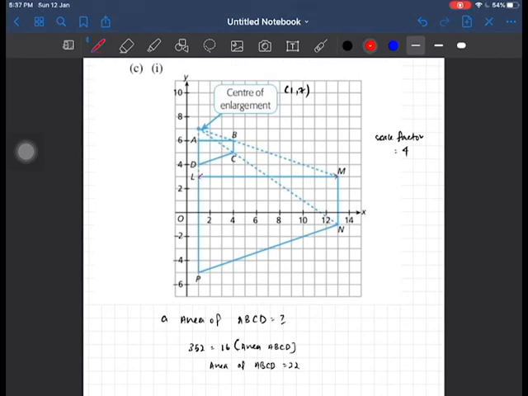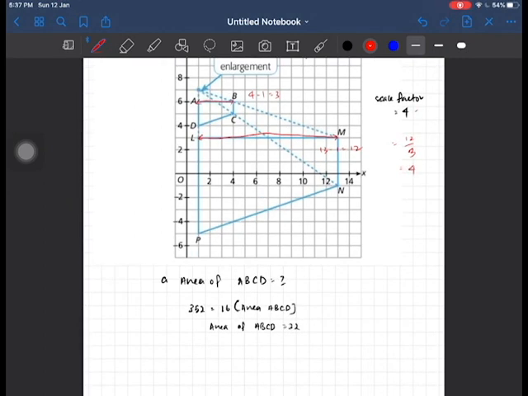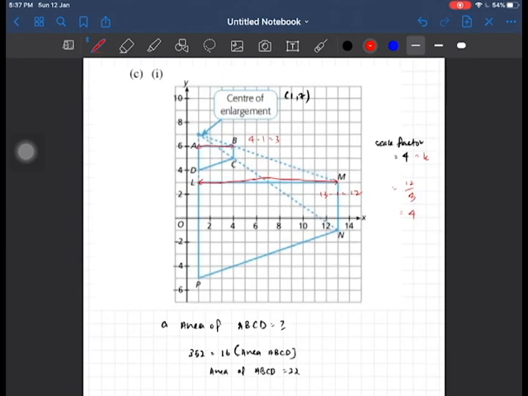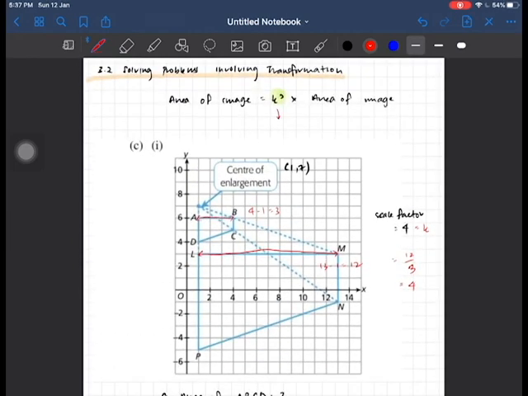Similar to what I said in front, measure this distance. So 13 minus 1, 12. And this again, 4 minus 1, 3. So 12 over 3 equals to 4. So here's the scale factor, which is k. You can sub into the formula.